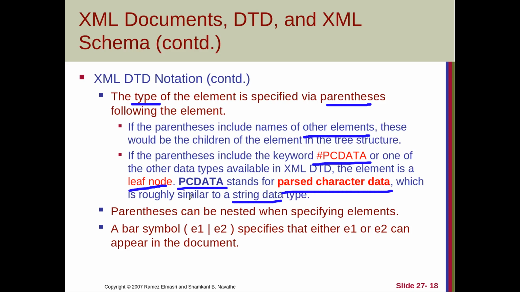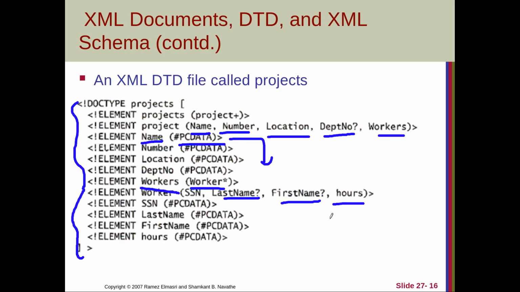Clear? Then again, parentheses can be nested when specifying elements, so we can have nesting of parentheses also. For example, element project name, then again we can have some other set of elements under name.